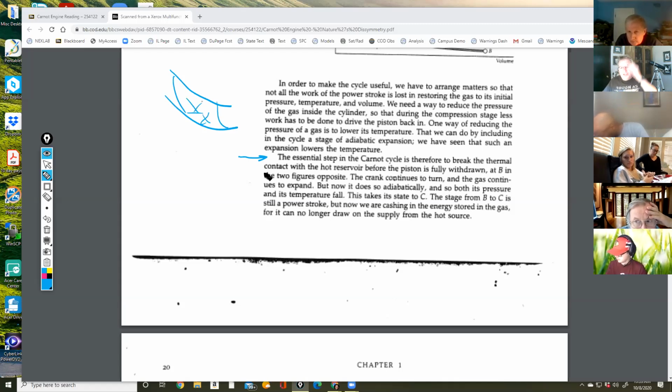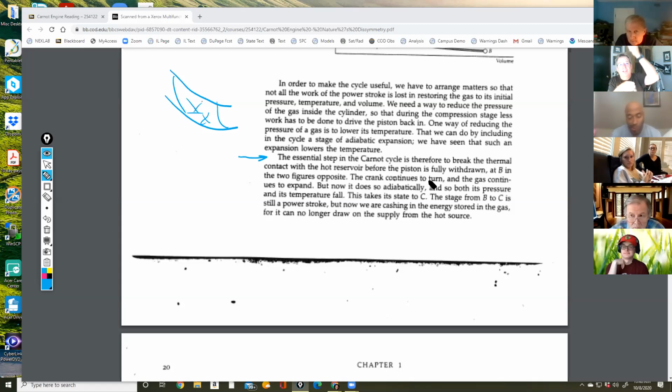The essential step in the Carnot cycle is therefore to break the thermal contact with the hot reservoir. Take it off the heat before the piston is fully withdrawn. Because if I do that and I take it off the heat source, what will the piston continue to do? It'll continue to go up. It will continue to expand.